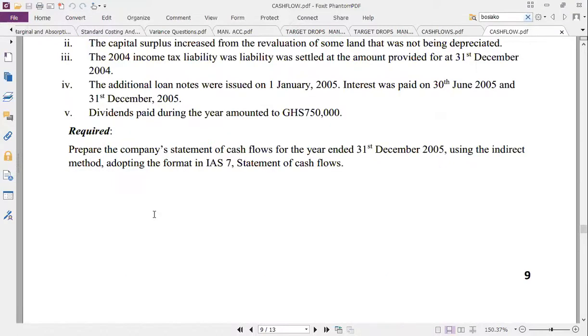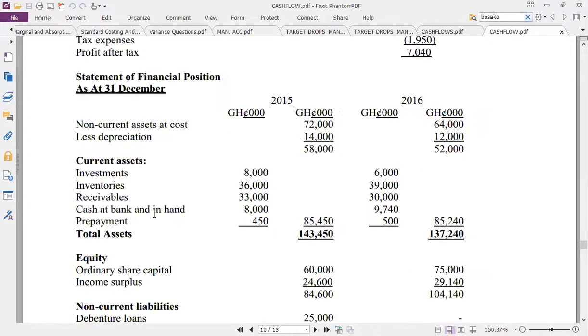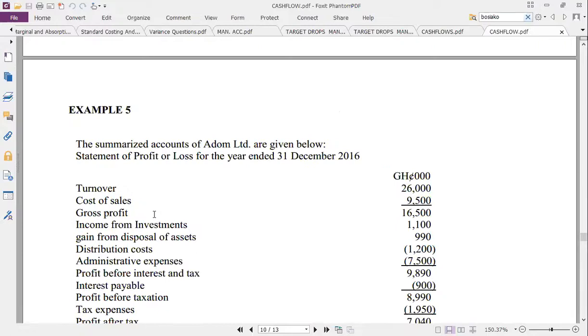Like Mo Limited. Let's go to Adam Limited, example 5. You can see there's a gain from disposal of asset, 990, right? They've done it for us.